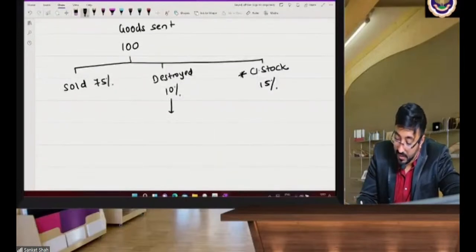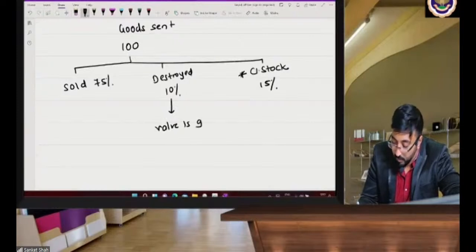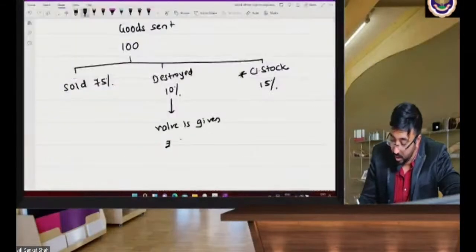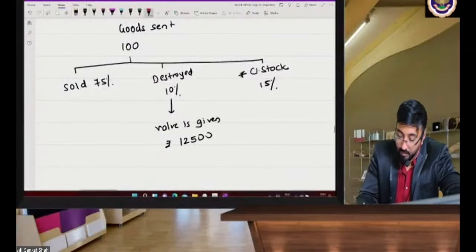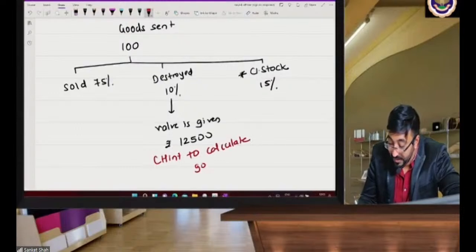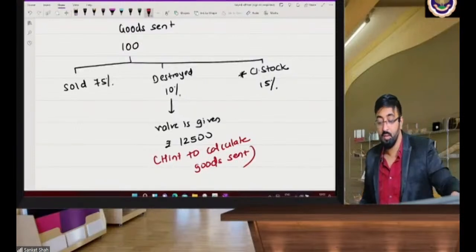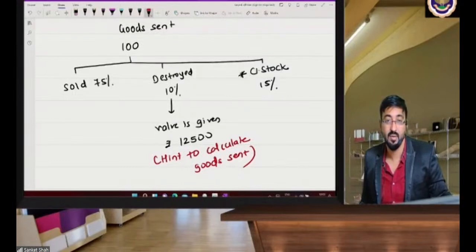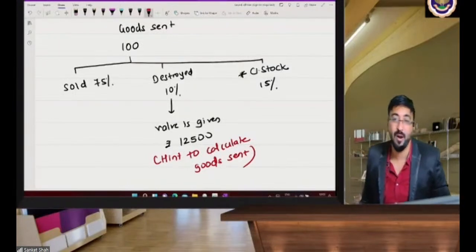And 10% value is given, rupees 12,500. And this is a hint to calculate goods sent. So out of 100, if 10 goods are destroyed, value is 12,500.